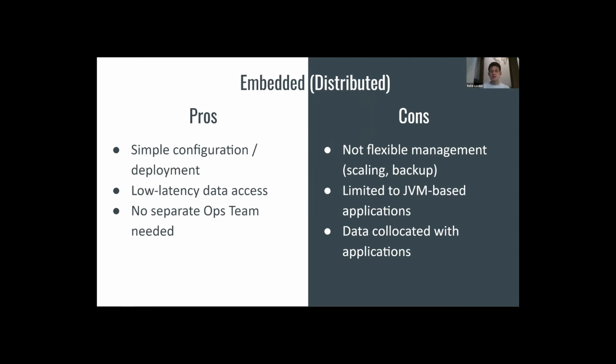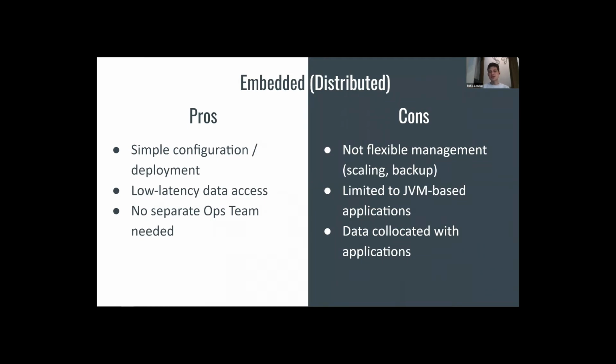And we don't need an ops team because it goes together with the application. You pack your application as a Docker image, and that's it. You don't need to set up any servers or anything. Now, from the downsides, the management is not flexible. Imagine that you would like to scale up your Hazelcast, but not scale up your service. You cannot do it.